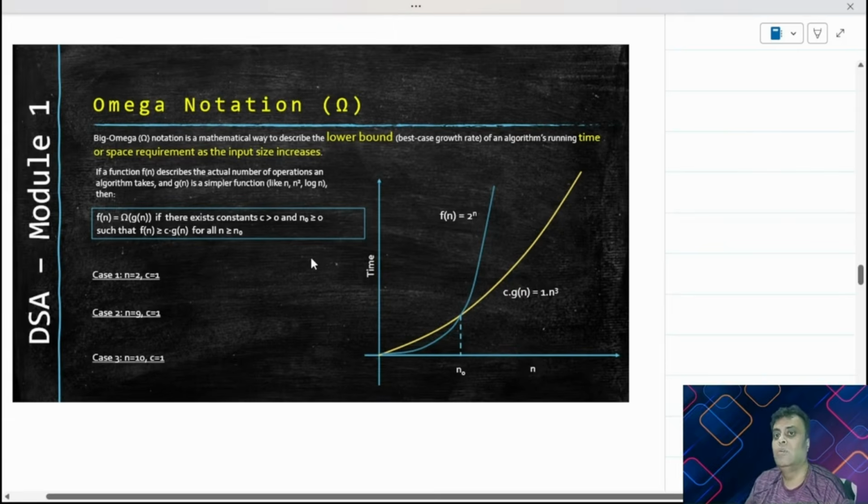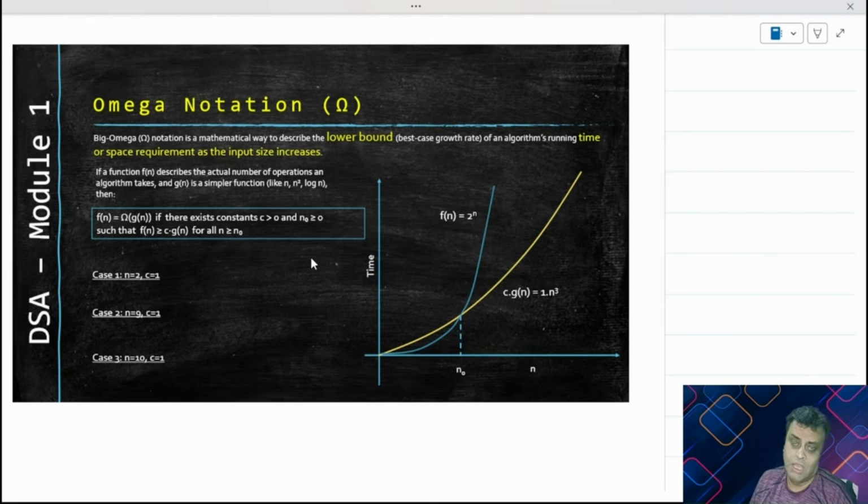Omega is basically the lower bound, so we just have to flip the story and it will be easier for you to understand. Now we are saying that our c·g(n) should be below our function to represent a lower bound of that function, for a particular value of n.